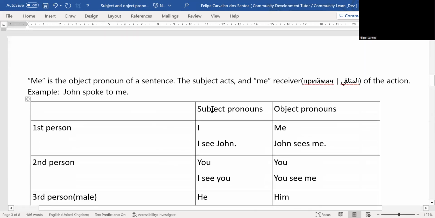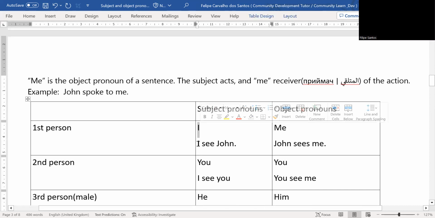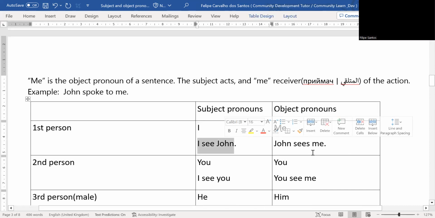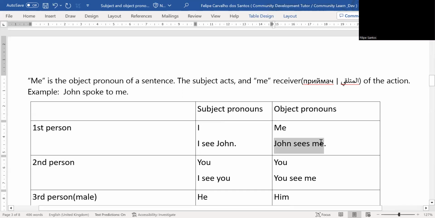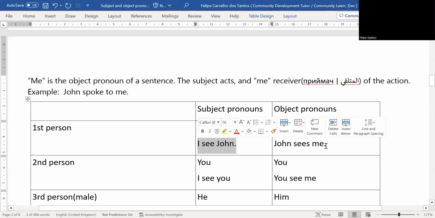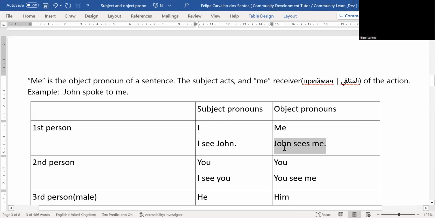All right, so subject, I see John. Object, John sees me. So I see John. Hi, hello, John. John sees me. Oh, hello, Philip. I see you.